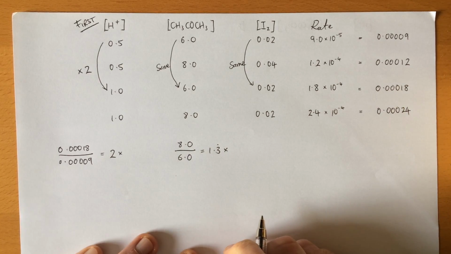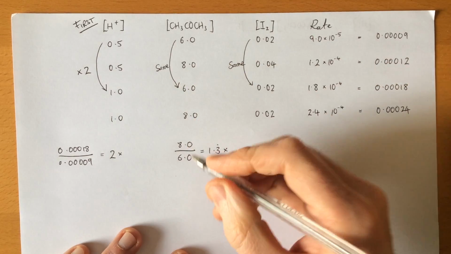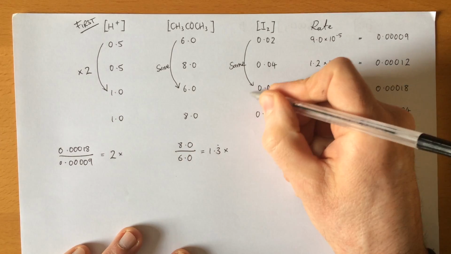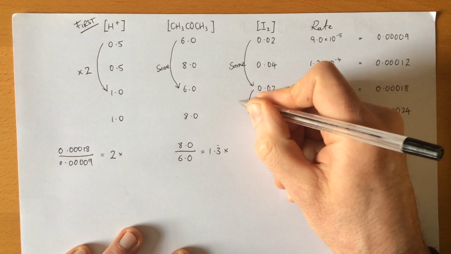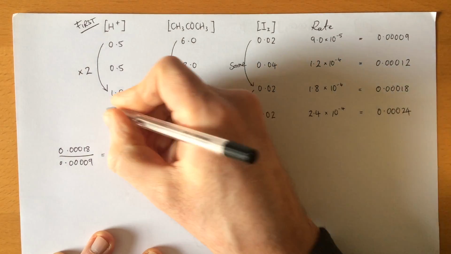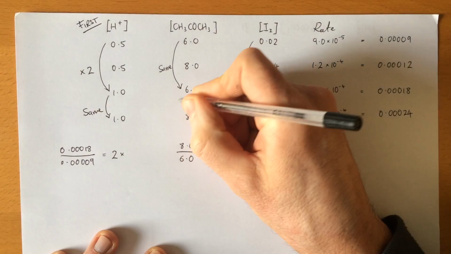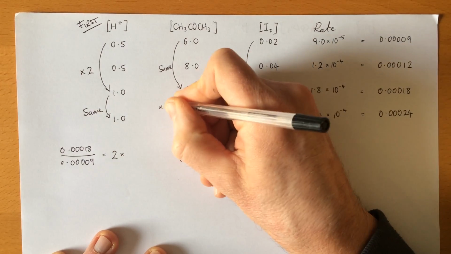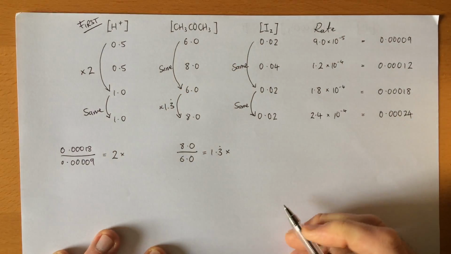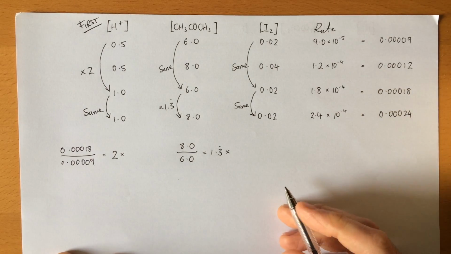Now then, let's look at the way that that's increased. So comparing experiments 3 and 4, we can see that the concentration of iodine stayed the same, the concentration of hydrogen ions has stayed the same, and the concentration of propanone has increased by a factor of 1.3. So let's look at the rate and see how that's changed.